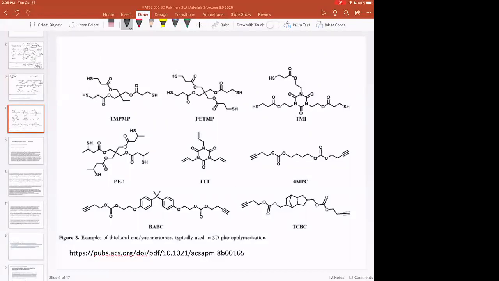The other chemistry that's discussed in this article right here is this issue of thiolene chemistry. So thiol stands for some sort of sulfur group, and an ene is either an alkene, double bond, or an alkyne, triple bond. And it turns out that sulfur reacts with double and triple bonds.